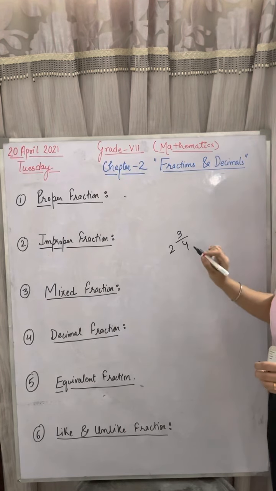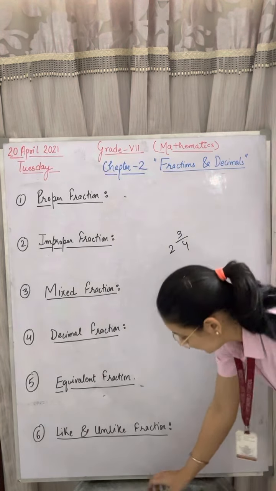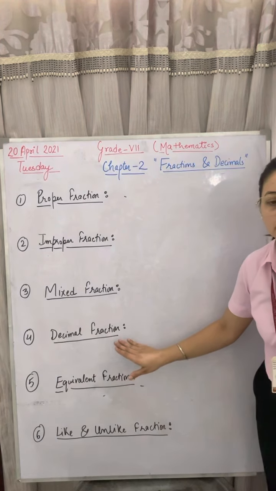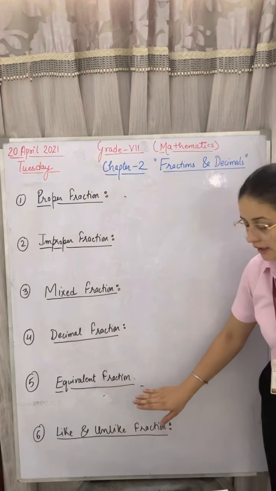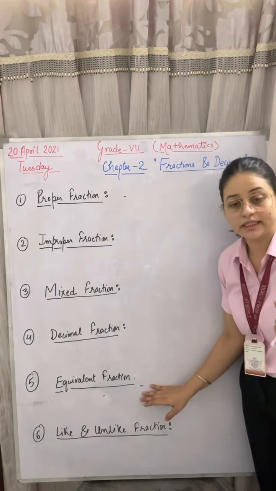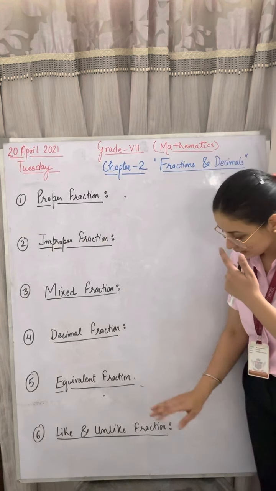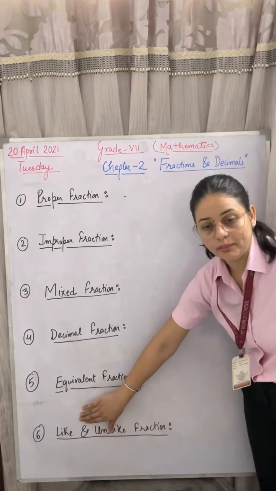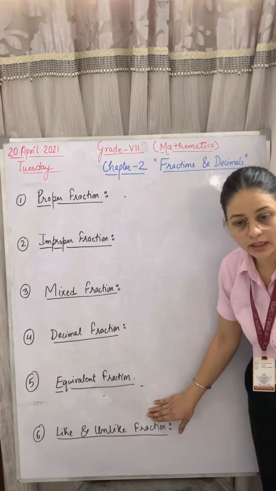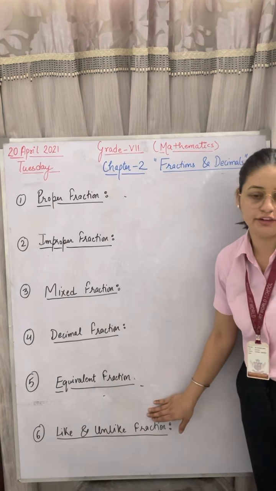A decimal fraction is when the denominators are given in the form of 10, 100, 1000, and so on. An equivalent fraction is when you divide and multiply your fraction by the same number. Like fractions have the same denominators. Unlike fractions have both numerator as well as denominator different.